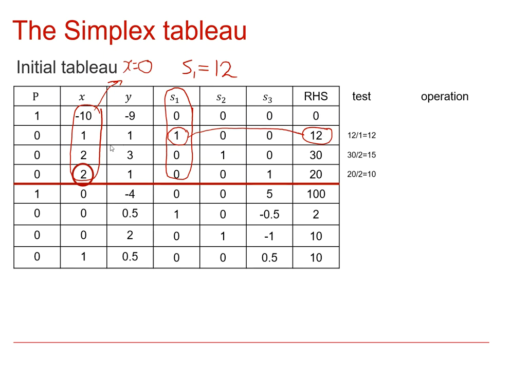After that first iteration, we can now see that it's changed. What are basic and what are non-basic is no longer the same as it was before. So for example here, we can now interpret that as saying, well, x is a basic variable, there's a 1 there, link that to the number on the right hand side, so we're now saying that x equals 10.